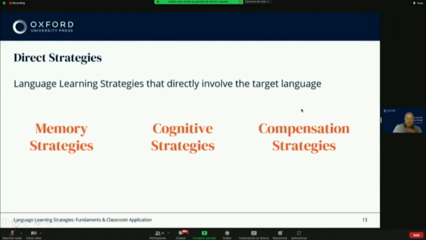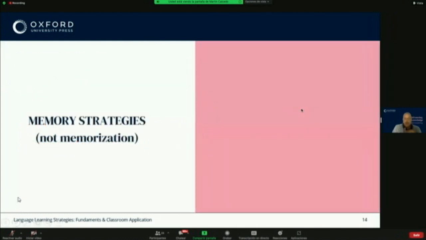So the first one is memory strategies, and this is important. It is memory, but it's not memorization, because we need to have a clear difference between one and the other. When we talk about memory strategies versus memorization, we're talking about the level of retention that each route, each path takes.